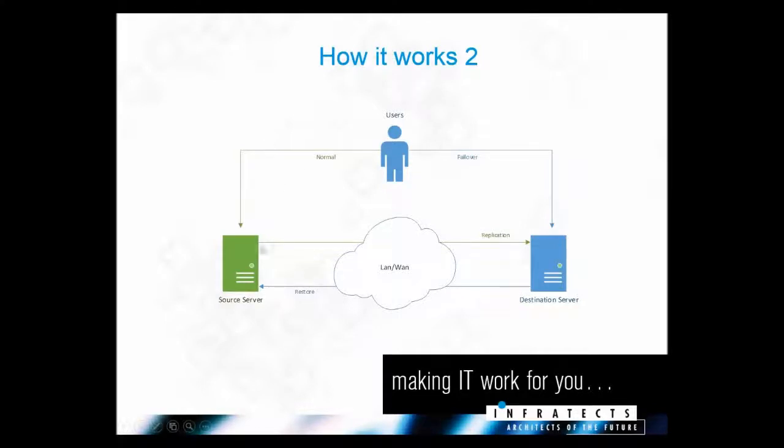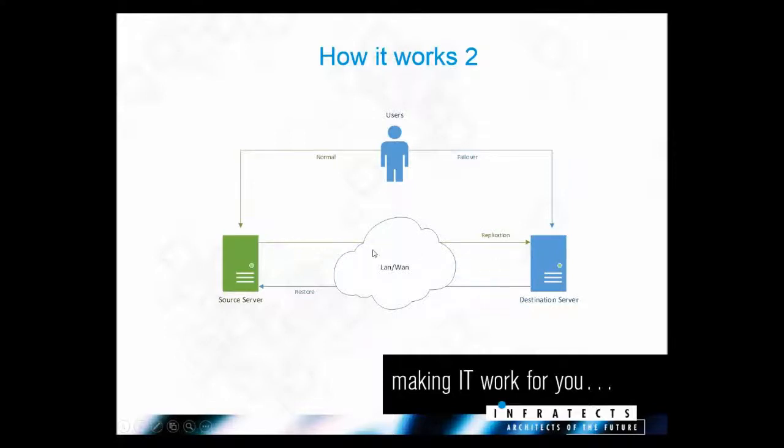Now everything that is green is your production system. It runs all your applications and database, SQL, Oracle DB, whatever you put on there. And every time a file changes here, the Double-Take software replicates it over to the destination host.